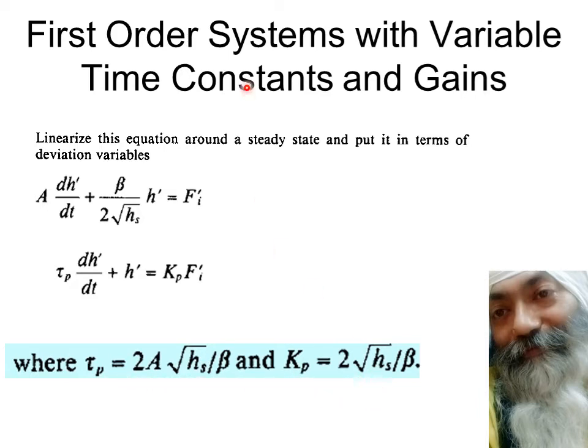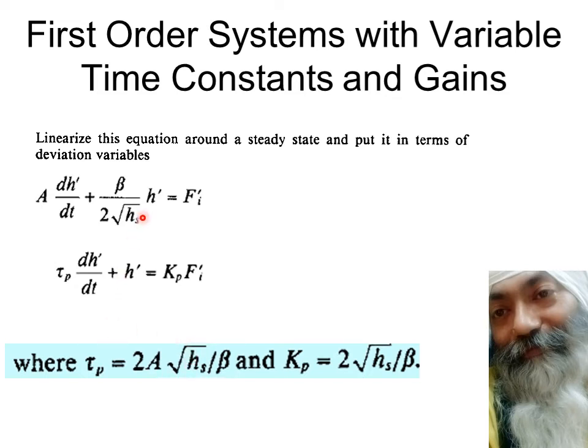So this becomes a first order system with variable time constant and variable gain. The gain is also variable; it depends upon what the height of the tank is, around what height the variations are taking place, and that will also determine the value of tau p.